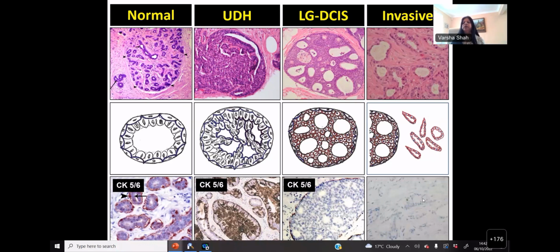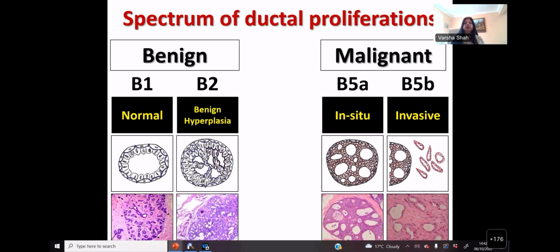And here in invasive cancer, we are not seeing any myoepithelial cells. So this is the spectrum of ductal proliferation. So we have benign here and malignant here. I'll come to this B category a little later, which we use in the UK.